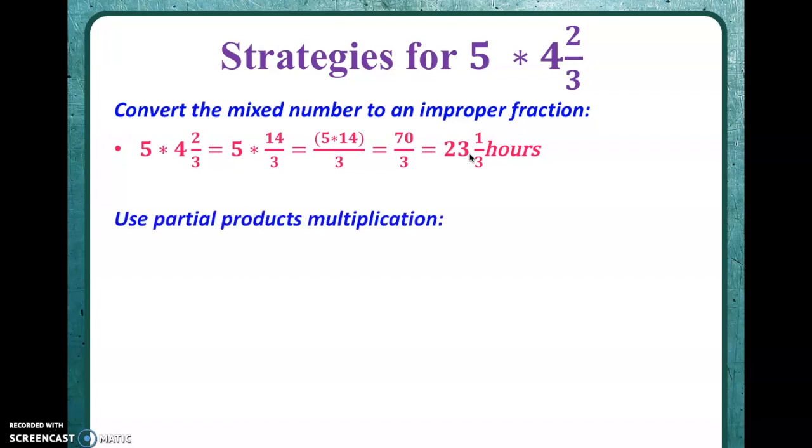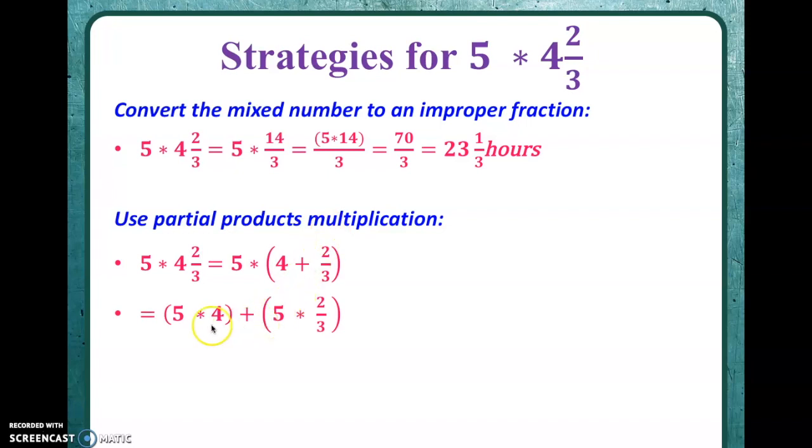However, this is the method that I am familiar with, and I think you will find this helpful. If we take 5 times 4 2/3, we're basically going to multiply the 5 times the 4, and then the 5 times 2/3. So we're doing 2 steps instead of 1.